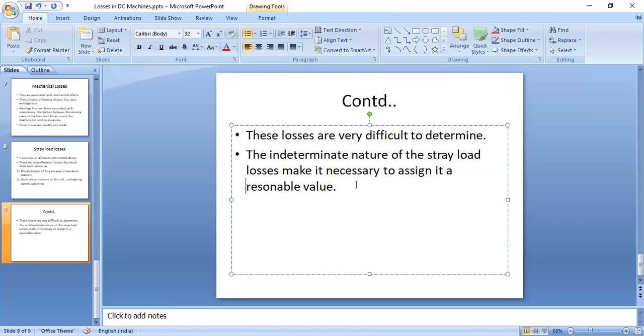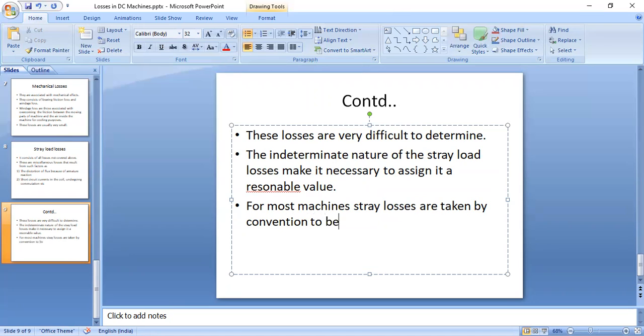For most machines, stray losses are taken by convention to be 1% of full load output power.